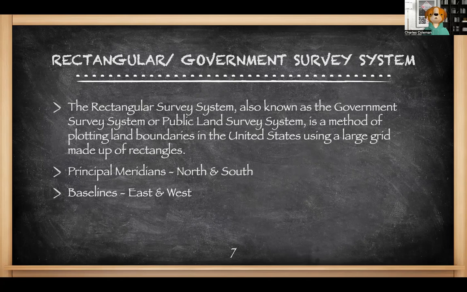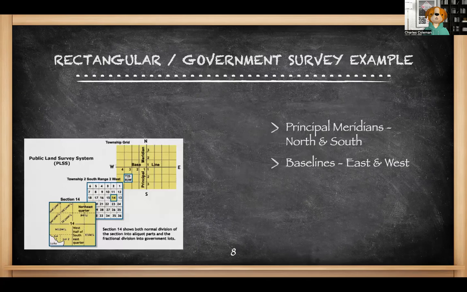And two of the big pieces that we need to remember here are principal meridians, which run north to south on that checkerboard, and your baselines, which run east to west. And in this rectangular government survey, they help us put in sections, townships, the grids, the different pieces.